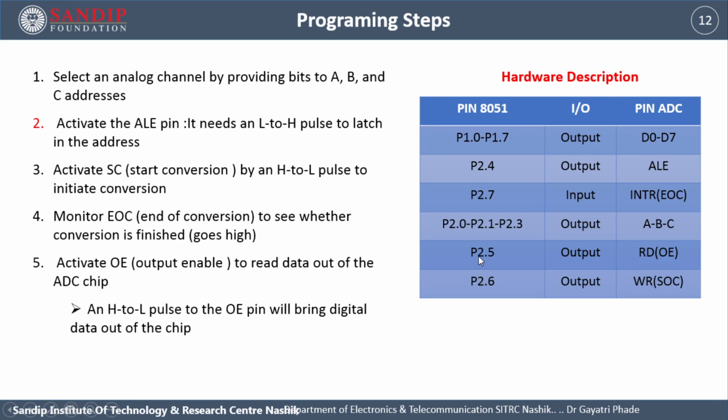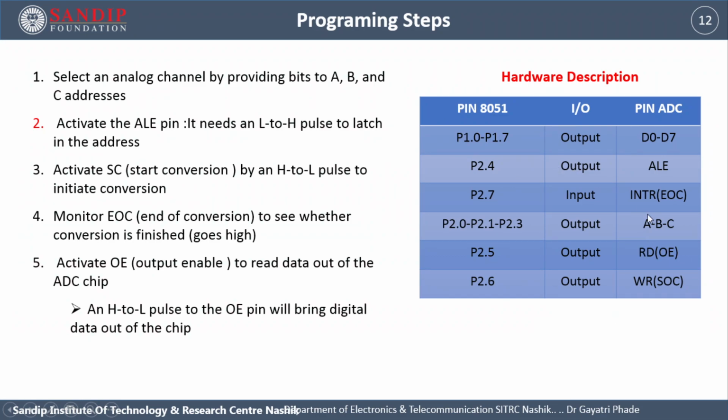With this pin we are giving a signal to the ADC to give the converted data, that is the OE, output enable. P2.6 will also be configured as an output, with which we give a signal from the microcontroller to the ADC requesting the start of conversion.